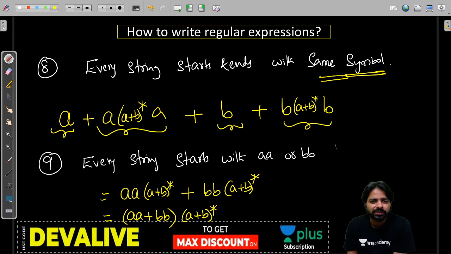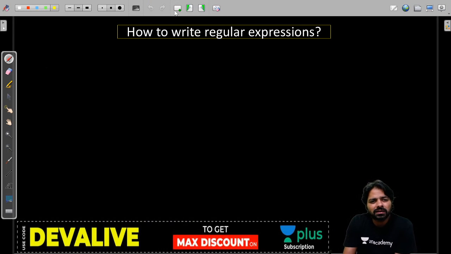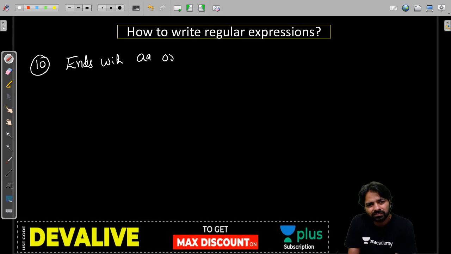If I ask the 10th one, ends with double A or double B? Every string ends with, now just the condition only, guys. I no need to write set of all strings where every string ends with double A or double B over A comma B. That's a common word. Just the condition I'm writing.